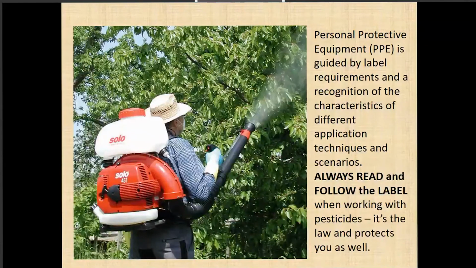One thing when using herbicides, and really any of these tools or equipment, is to recognize the personal protective equipment, the safety gear that you need to have to safely, effectively, and legally utilize these materials or tools. And so when it comes to herbicides, there is a label on the herbicide that gives you all that information.